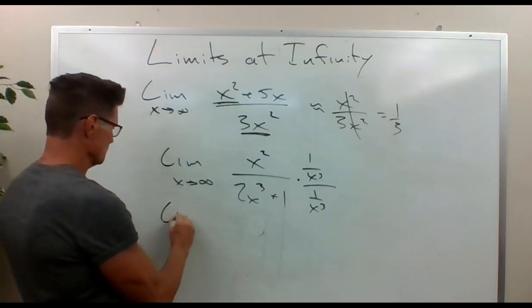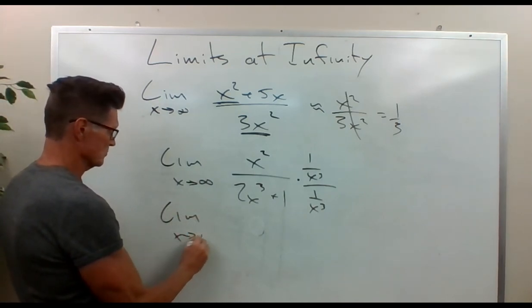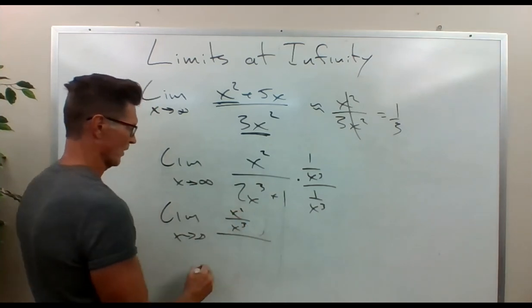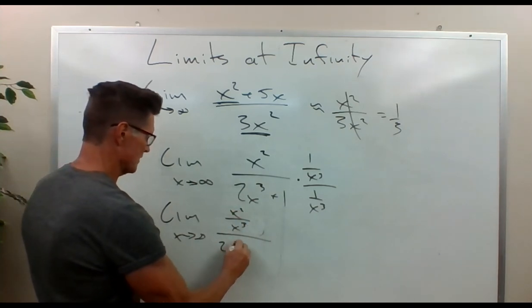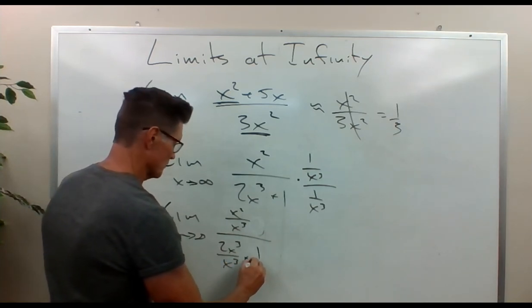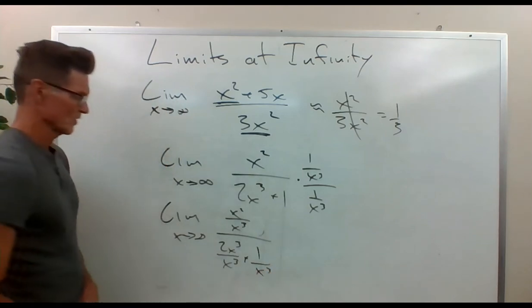And so what we're doing is we're finding the limit as x approaches infinity of x squared over x cubed over 2x cubed over x cubed plus 1 over x cubed.